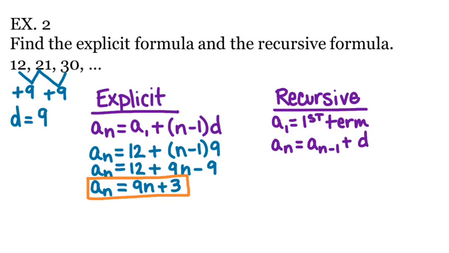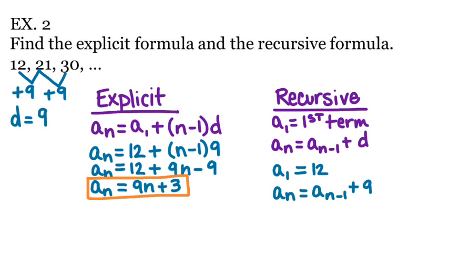Okay, so we're going to write the first term of the sequence, which is 12. You always have to know where the sequence starts. So we're going to write a1 equals 12. Then for the recursive formula, the only thing that we're going to put in the formula is the d, the common difference. So a sub n equals a sub n minus 1 plus 9.